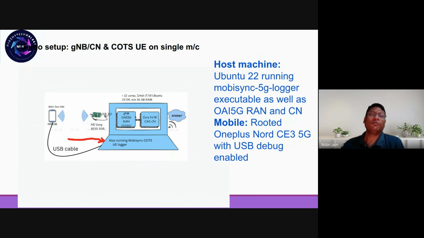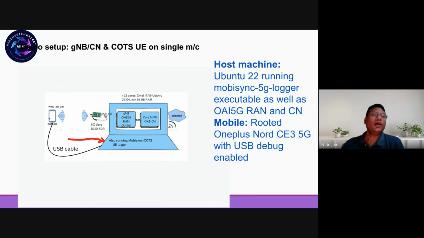It is running on one Intel i9 machine with Ubuntu 22.04, and it is connecting to the internet through Wi-Fi. This is a full over-the-air transmission, so I have connected it to a software defined radio, the USRP B210 SDR, 2 by 2 MIMO. The setup is 40 megahertz in band n78.